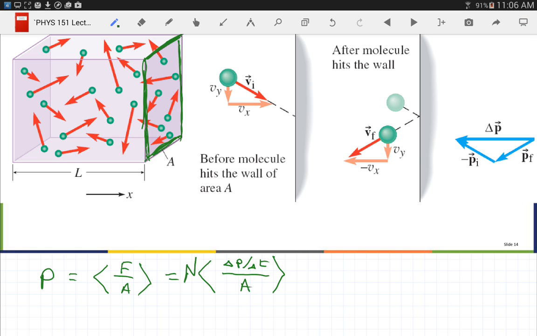Okay, change in momentum divided by change in time. What is momentum? mv. Now, using the pictures here, it comes in with a velocity vx, normal to the surface. Comes out with a velocity minus vx.